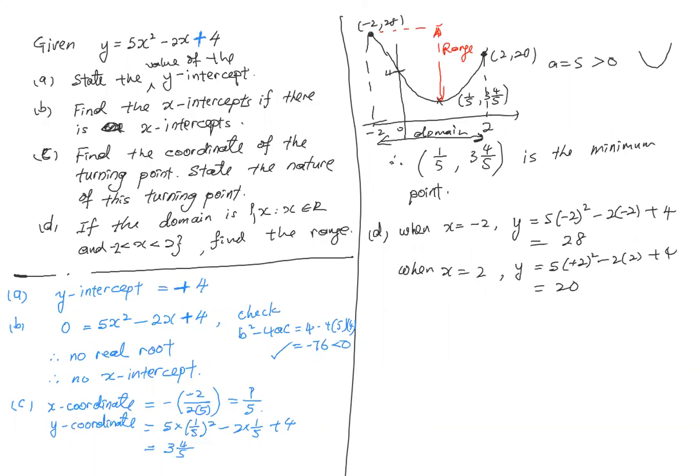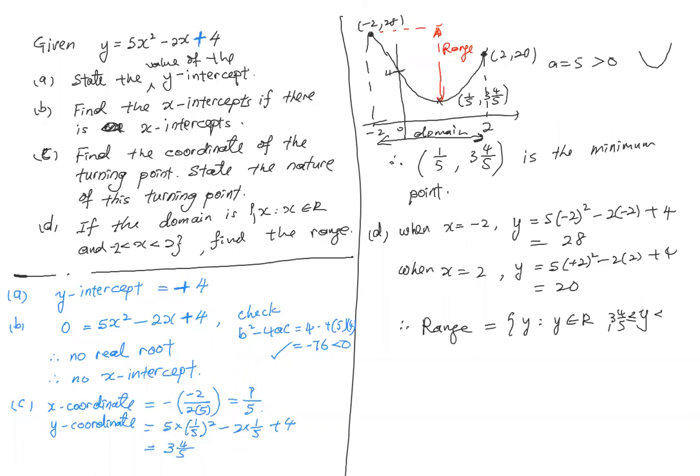Are you clear? Yes. So therefore, I have illustrated clearly to you already. So therefore, the range is y, where y is a member of the real numbers, and y is between 3 and 4/5.